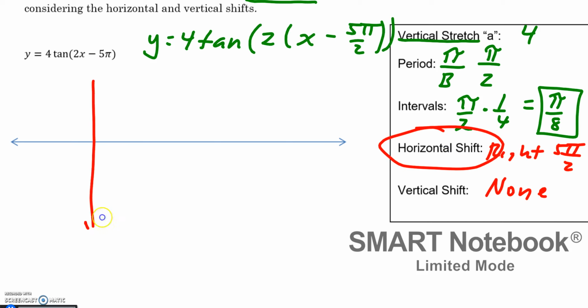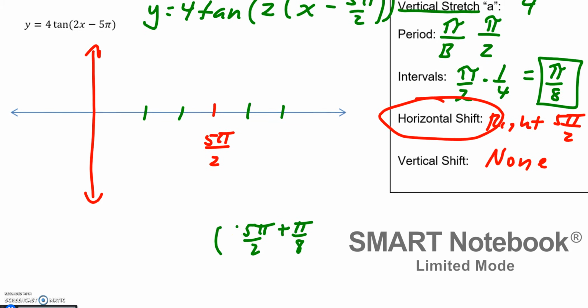So I'm going to draw my y-axis here, and I'm going to put 5 pi over 2 right here. Now tangent, you need to go 2 intervals in each direction, and these are going to represent your asymptotes for 1 period. And so what you're doing to 5 pi over 2 is you're adding pi over 8 each time. If I get a common denominator with that, I need to multiply this by 4 over 4. So that's 20 pi over 8, and I'll write that up here just for reference.